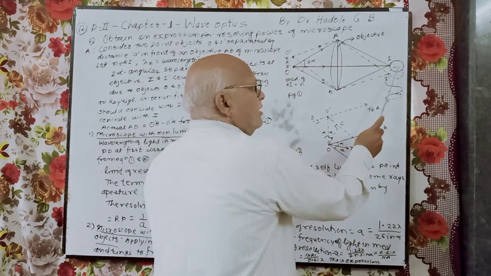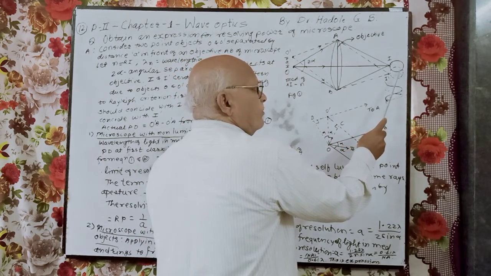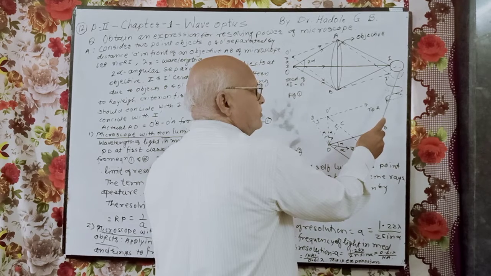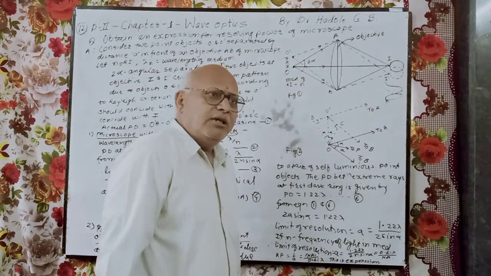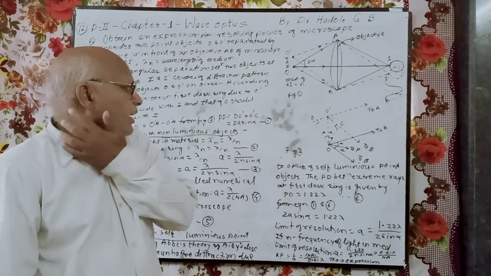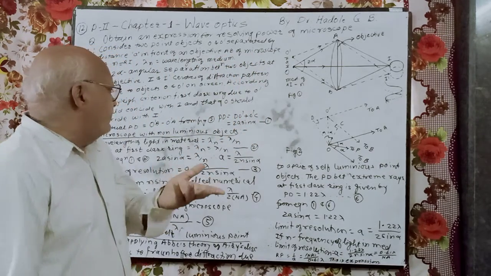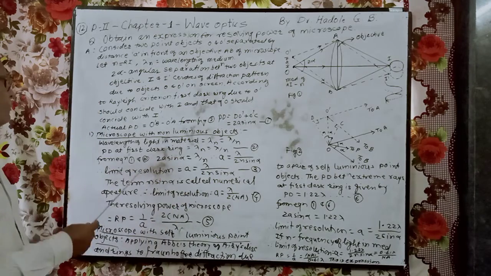The dark ring of the second object coincides with the center of the first pattern, and in this way the Rayleigh criterion is satisfied.